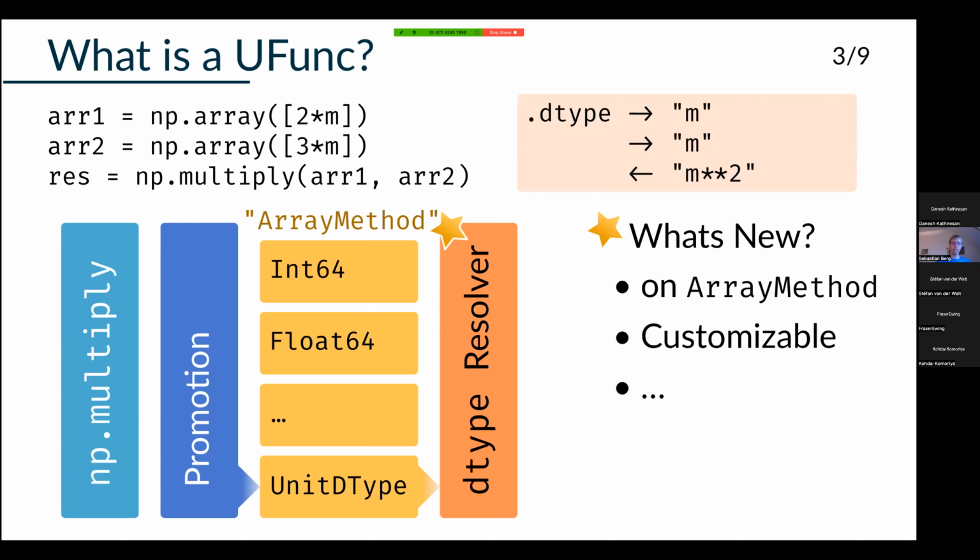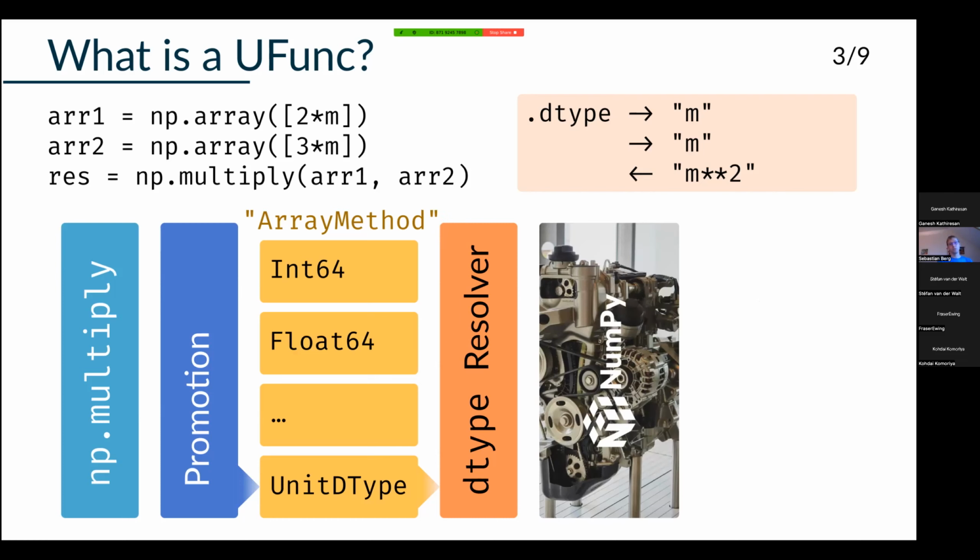What's new about that is that it is on the array method and it is fully customizable. Previously it lived on the UFunc itself, which meant that if you added a new dtype, you couldn't really reach this and couldn't customize it at all. This was a major limitation on creating such dtypes, but it's now much more customizable and flexible.